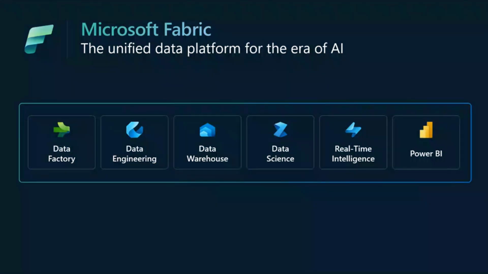Data science might require a dedicated data scientist in order to leverage the right kind of knowledge to build a good data science solution. And the real-time intelligence is a pretty specific use case. It's for real-time data. So those might be unfamiliar to people who've only ever worked with Power BI.